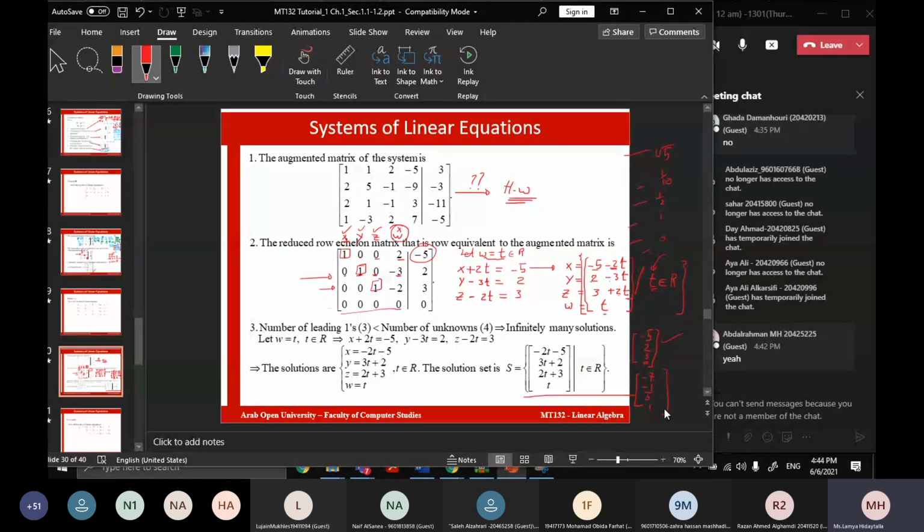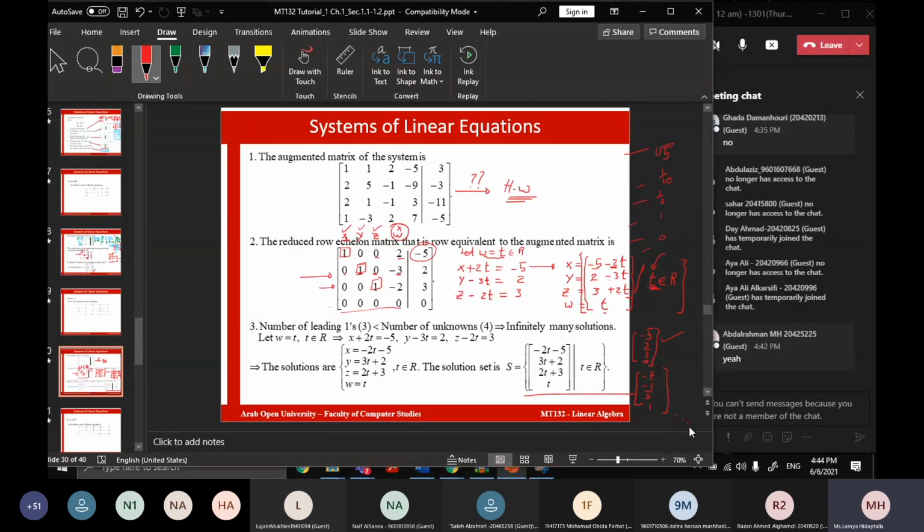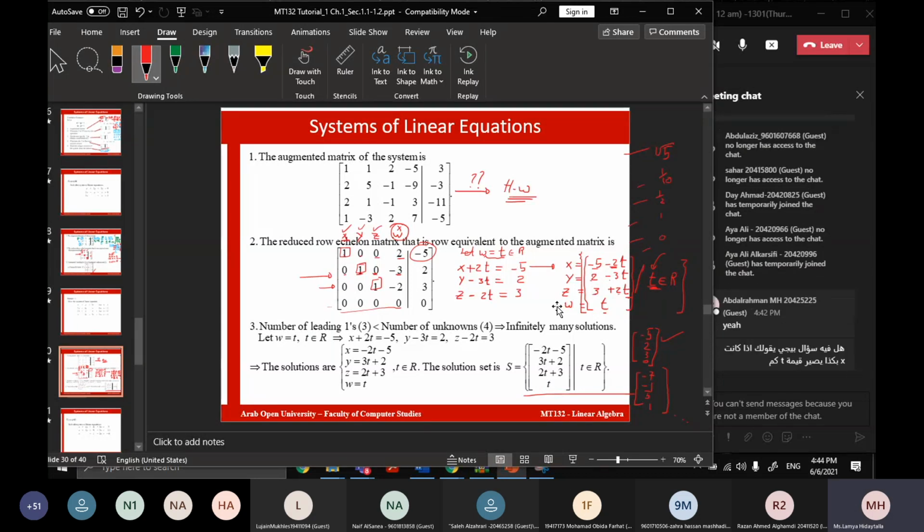So this is another solution. And for every real value of t, you're going to get a solution, so you can get infinitely many of them. Is it clear? Clear for all? Any question for now?